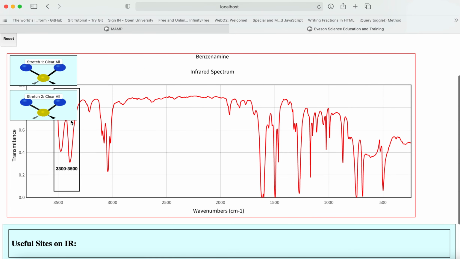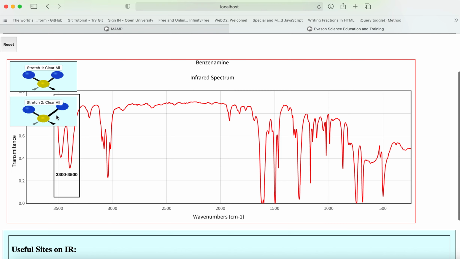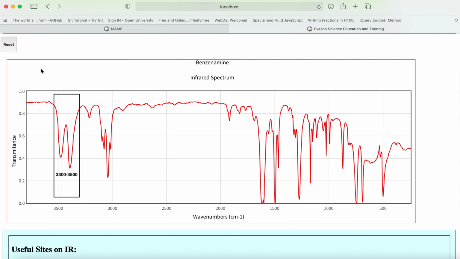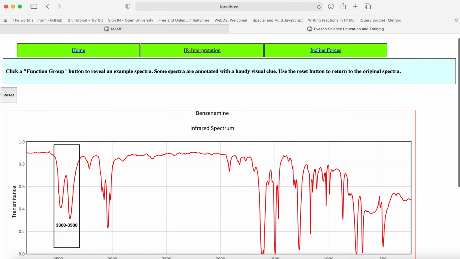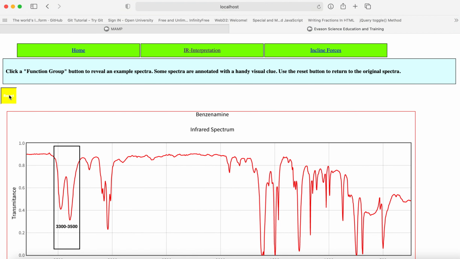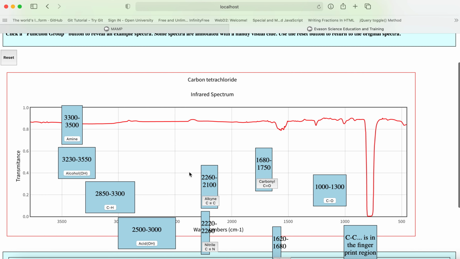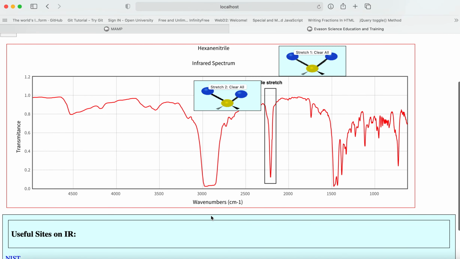And also, I gave two graphics of what the effect on the molecule was and what the absorbance was, so two types of stretches there, which I could clear because they're quite annoying. And then I could reset as well, and pick another functional group, so nitrile.